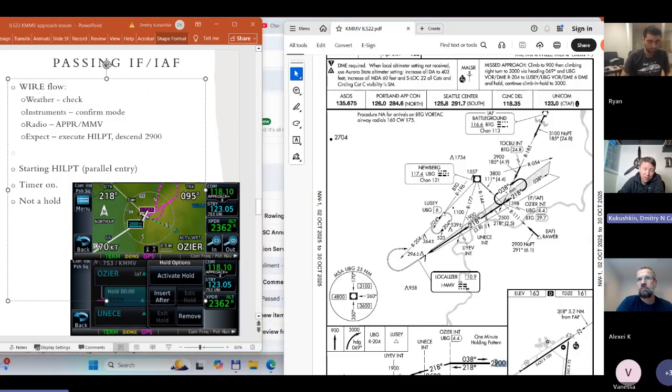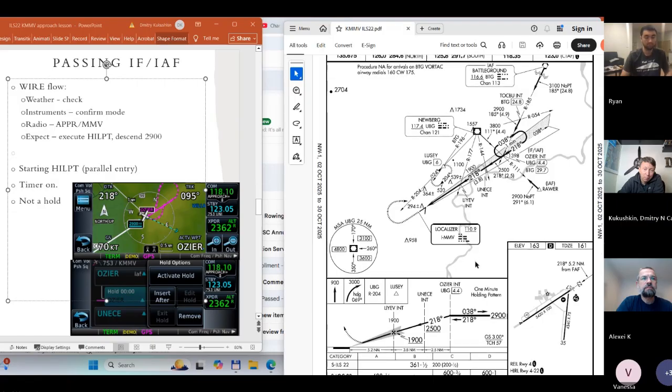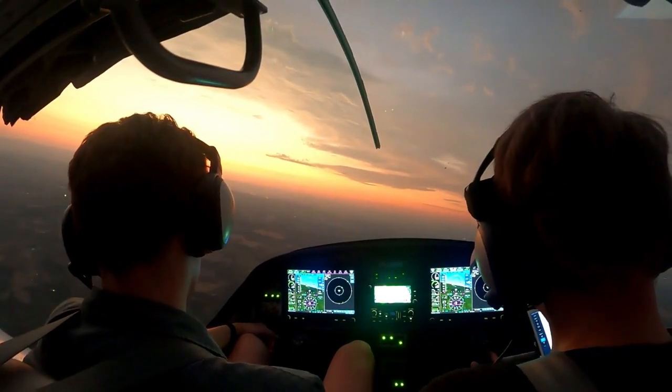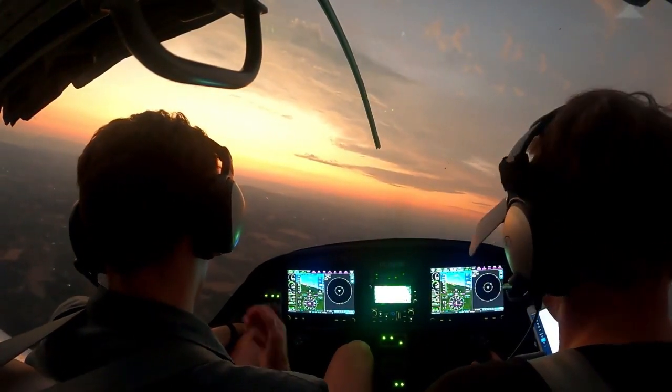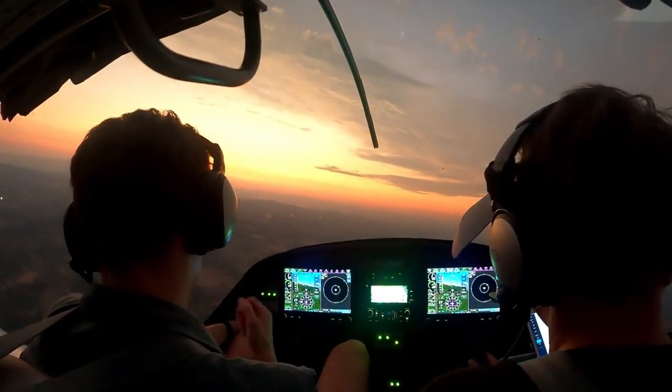That's, Alexei, a number I think you gave me earlier, right? In that hold, once you are established, you can descend 2900. And probably next, once you cross Auger inbound, your next altitude restriction is 2500. And once established and crossed Auger, we can descend 2,500.